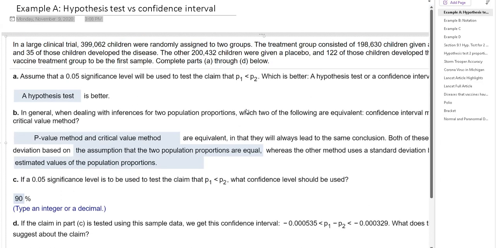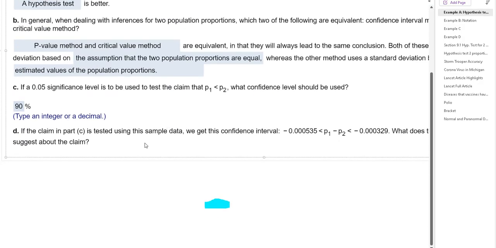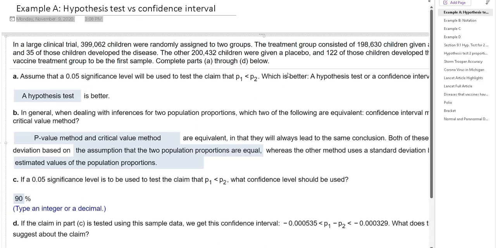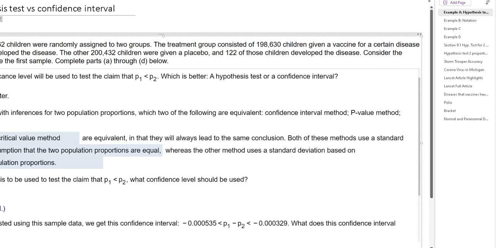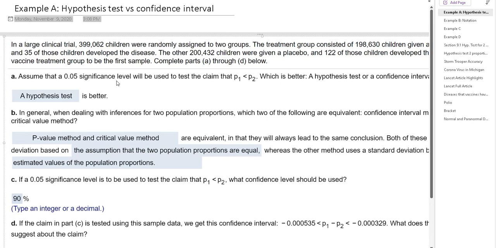So let's give this some more descriptive terms here. At the 5% significance level, test the claim that P1 is less than P2.